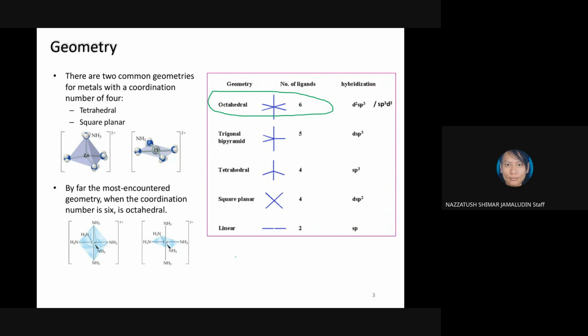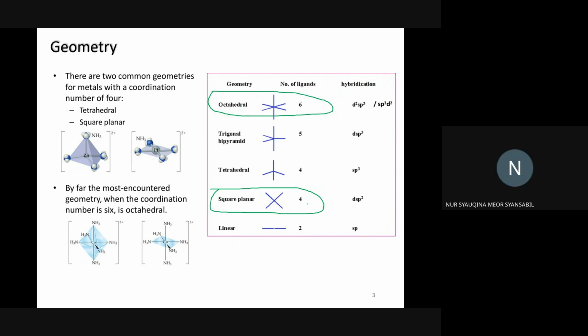For a square planar system, it says here on the slide that the number of ligands is 4. Is it necessary to be 4? Can it be any other number? Can it be 2? Can it be 3?